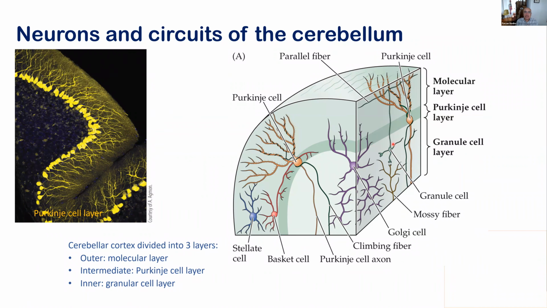The granule cells are, unlike Purkinje cells, very small. They only have about a diameter of 5 micron of their cell body, but they are the most plentiful cells in the brain.